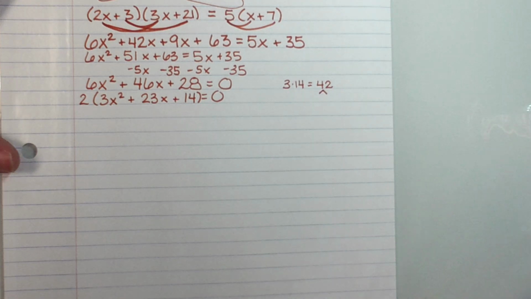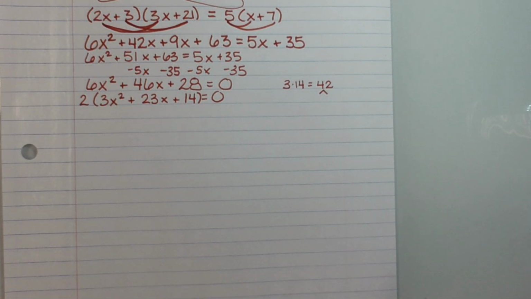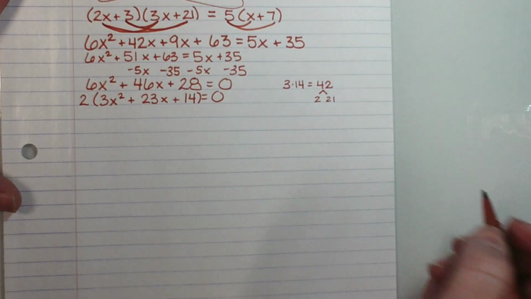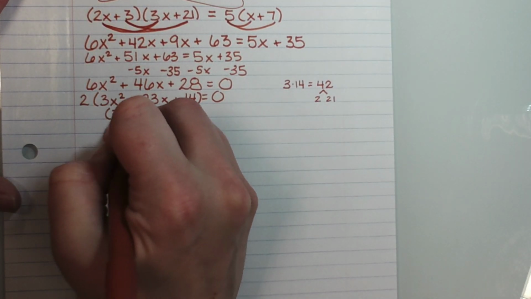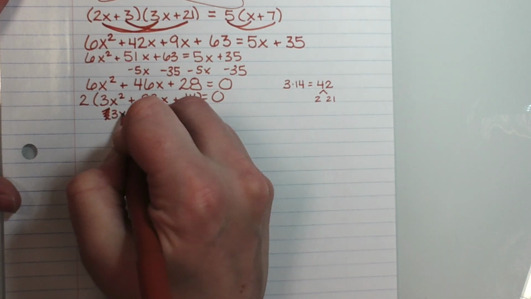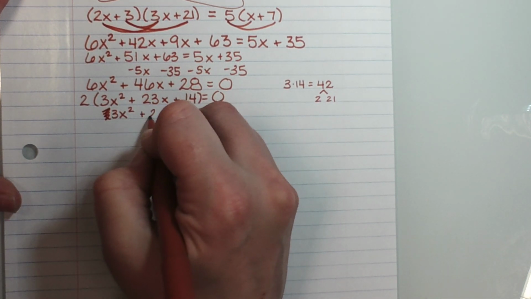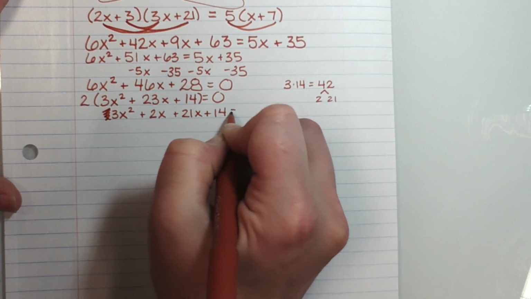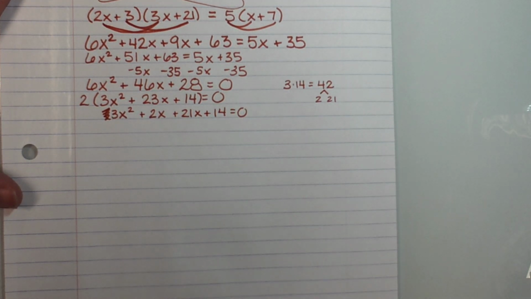Two things that multiply to 42 but add to 23. 1 and 42, nope. 2 and 21, oh, that one works. 3x squared plus 2x plus 21x plus 14 equals 0. I'm going to ignore my GCF for a little bit.